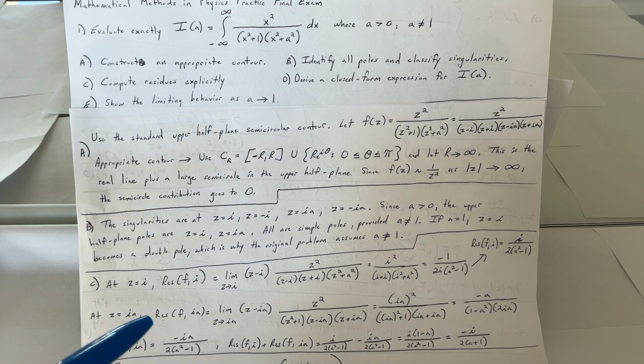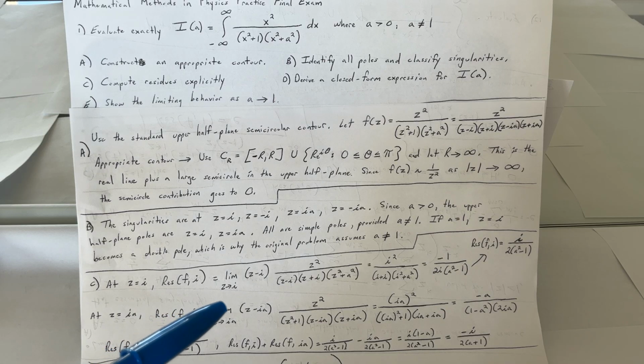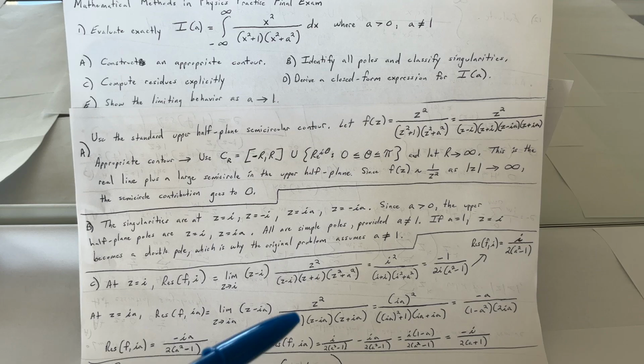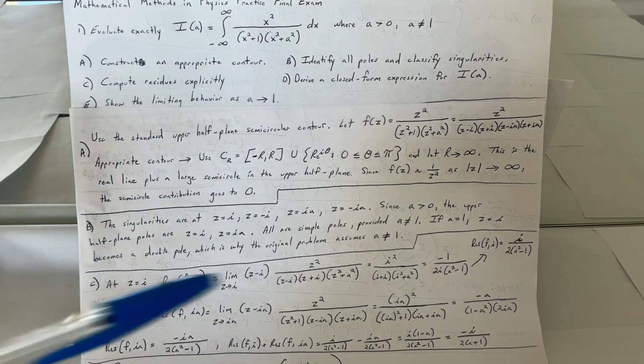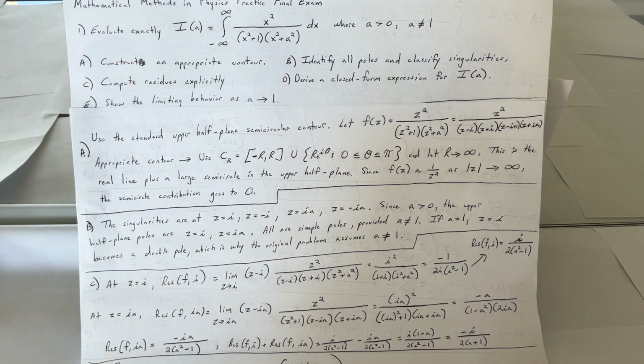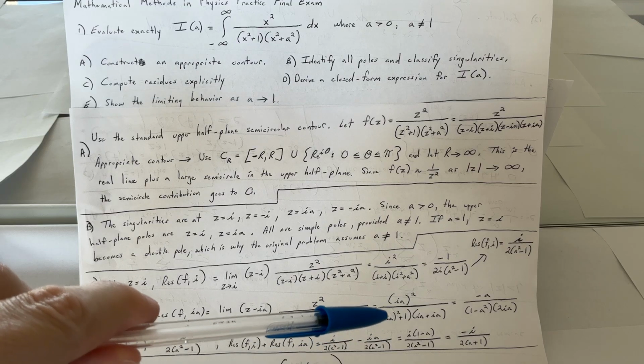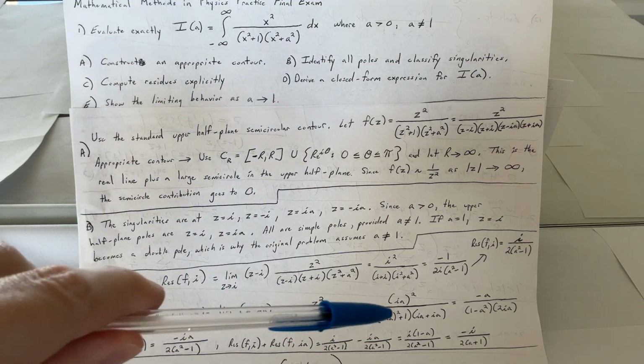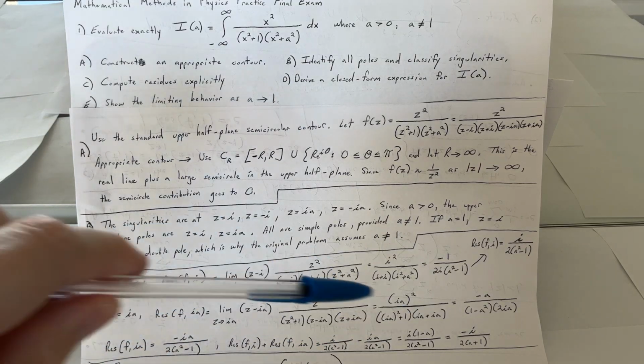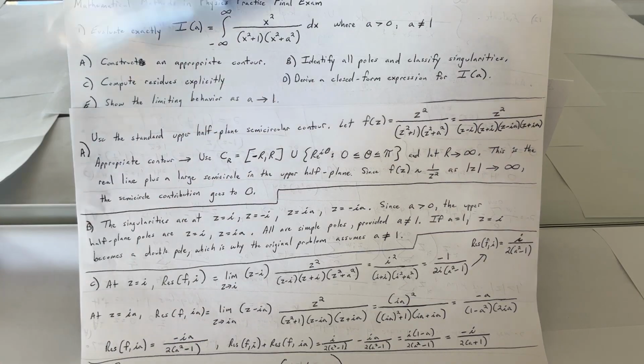At z equals IA, the residue of f at IA equals the limit as z approaches IA of z minus IA times the quantity z squared over z squared plus 1, z minus IA, z plus IA. That equals IA quantity squared, over the quantity IA squared plus 1, times the quantity IA plus IA.